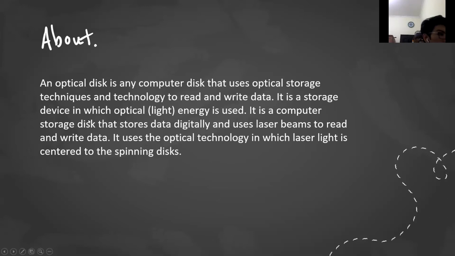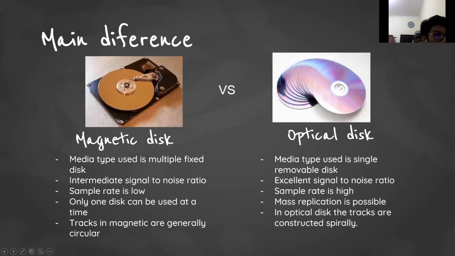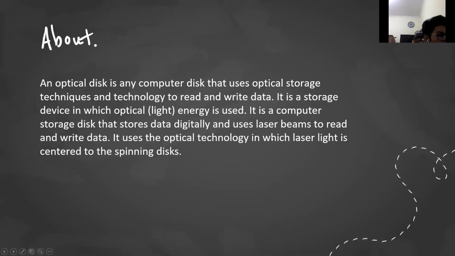It is a storage device in which optical or light energy is used. It is a computer storage disk that stores data digitally and uses laser beams to read and write data. It uses optical technology in which laser light is centered on the spinning disk.